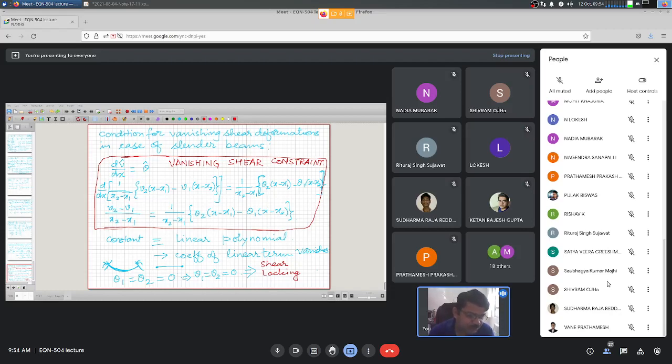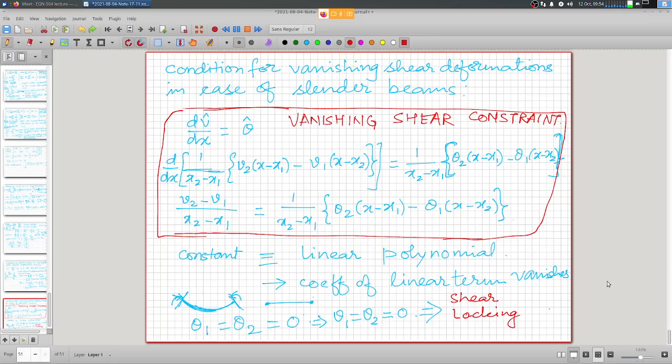If I use displacement as a first degree polynomial and section rotation, or the slope of the deflected shape, also as a first degree polynomial, that is essentially inconsistent. If dv by dx has to be equal to theta, then v has to be at least 1 degree higher polynomial than theta. And that is what the consistency problem is.